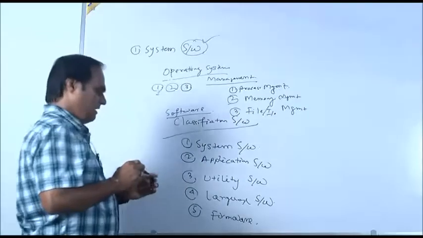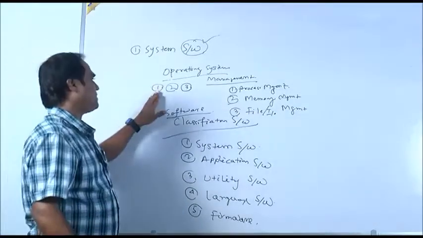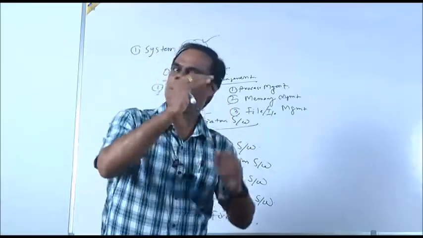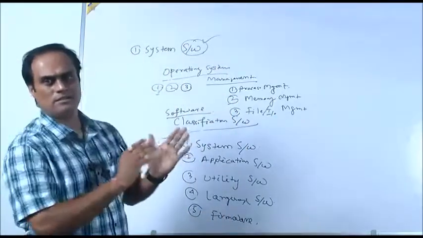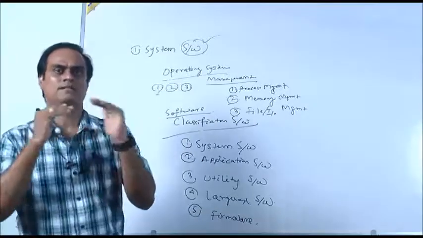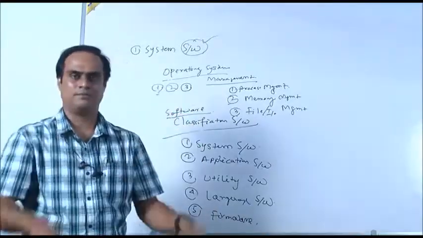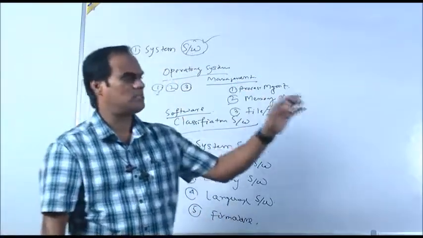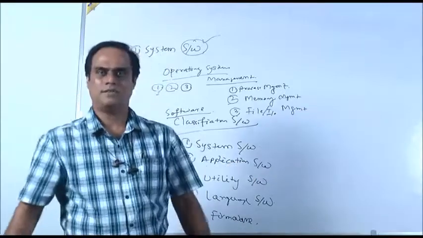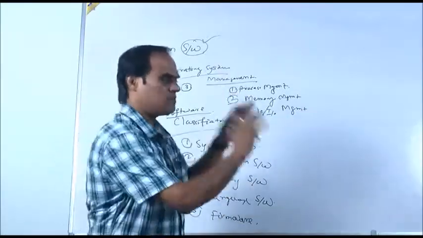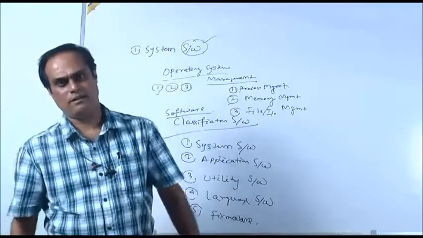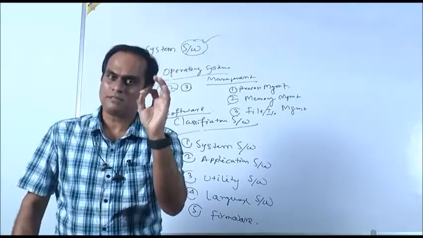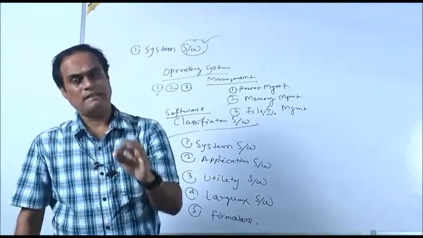Okay. In general, the first definition says it provides an interface between the user and the computing system. Everybody knows that it provides an interface between the user and the computer. I am giving you a simple example: when you are going to use the computer, you switch on the machine and you wait some time, yes or no. You don't get a computer that is ready for use instantly. Everyone waits for some time, maybe 30 seconds to 1 minute.